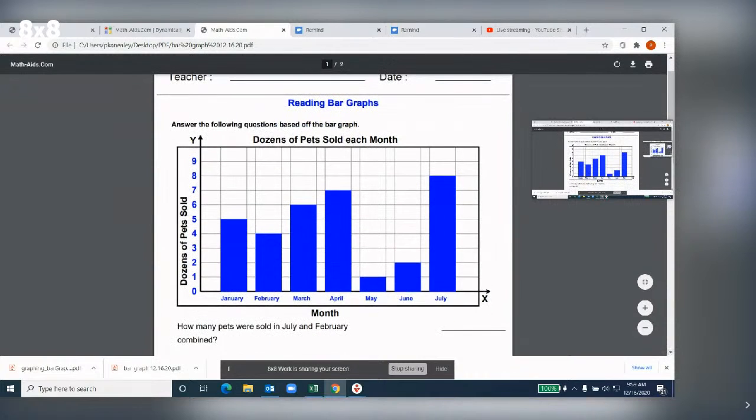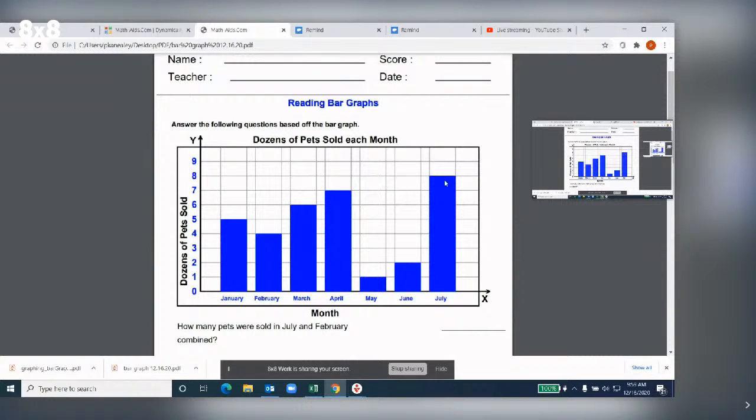So it says how many pets were sold in July and February. July is 8 dozen. February is 4 dozen. So that would be 12 dozen. Maybe on the test it asks how many total pets. If the answer you saw was 12 dozen, that would be good.